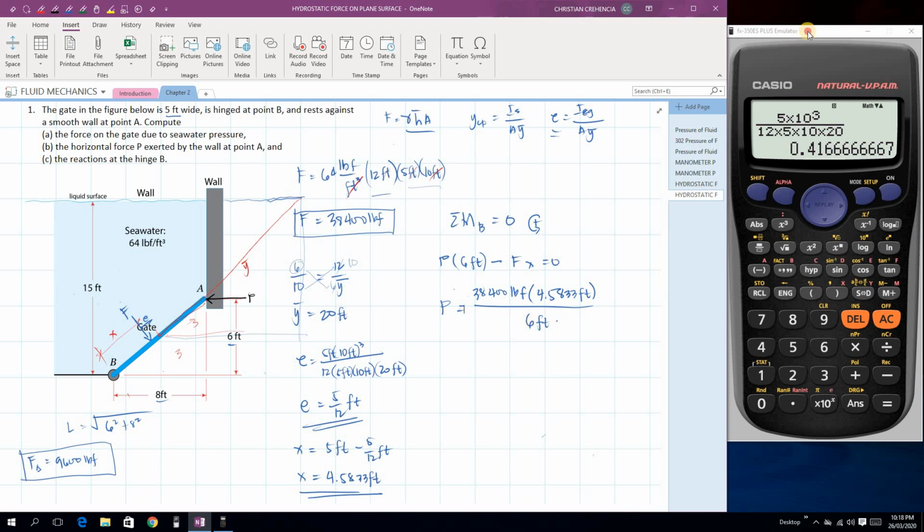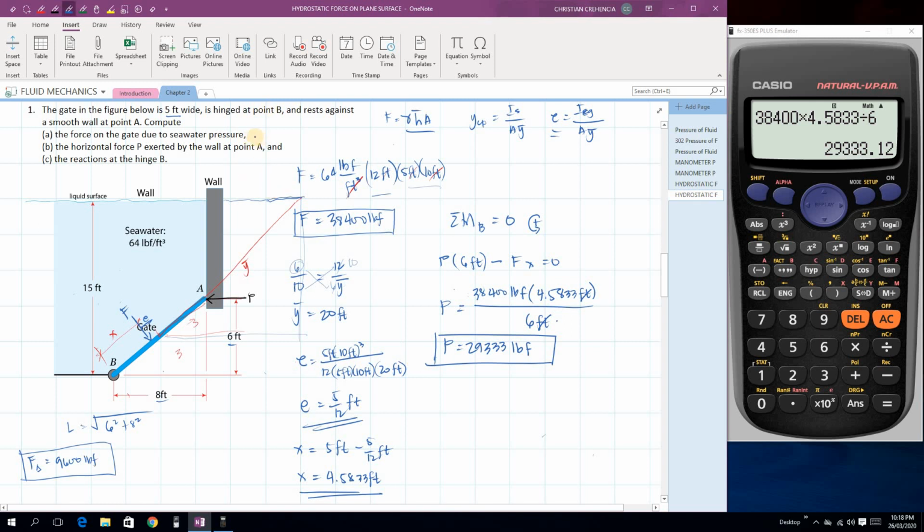Okay, so solve natin yung value ng P. So meron tayong 38,400 times 4.5833 divided by 6. So yung force P is 29,333 pound force. Okay, so cancel lang naman yung feet and feet. Okay, so that is force P for letter B.